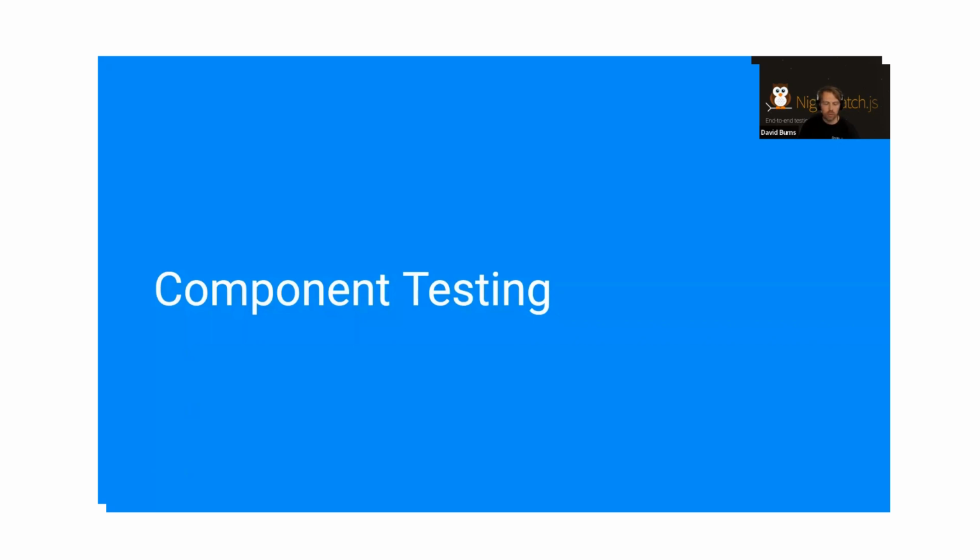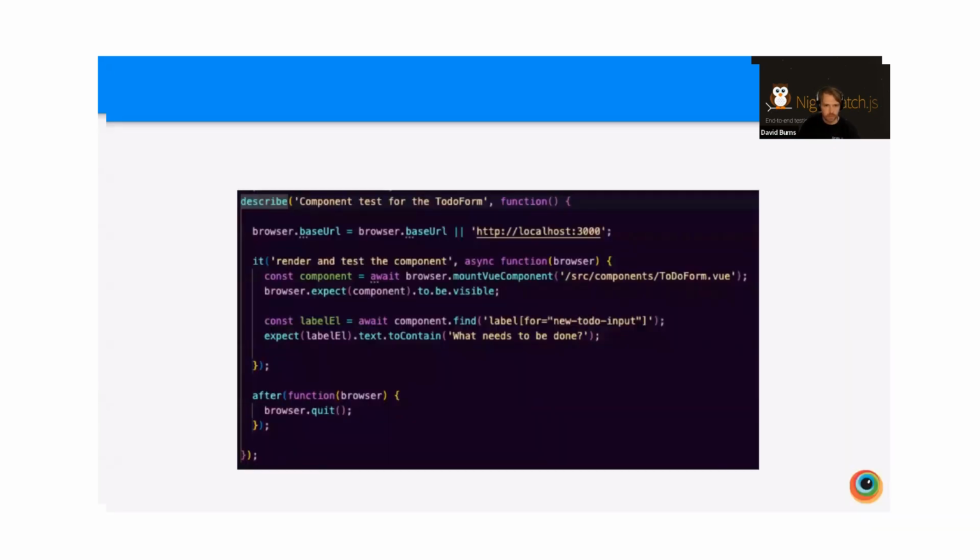At the moment, there's only support for Vue.js and React, with more and more things coming very, very soon. So I'll talk you through some of this. Here is a really good example of a component test.